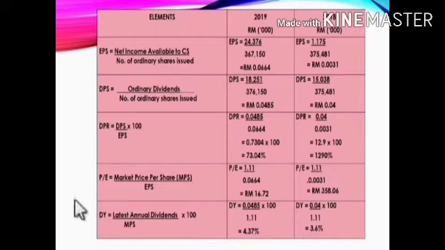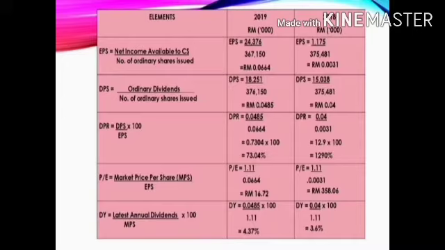The next one, price to earnings ratio, the formula is calculated by dividing market price per share by the value of earnings per share. The calculation in 2018 resulted in RM 358.06, while for 2019 it resulted in RM 60.72.